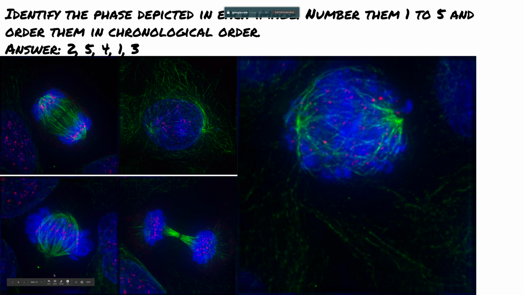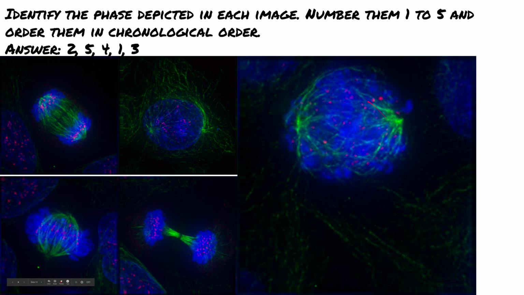Okay, so I realized the confusion was because I misnumbered things. So this is number 1, this is number 2, this is number 3, and this is number 4. So apparently it wasn't an issue in the answer. Number 2 is prophase, and this is prometaphase. And then this might be telophase, actually.